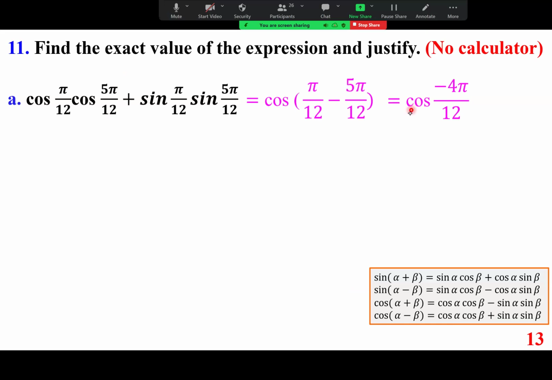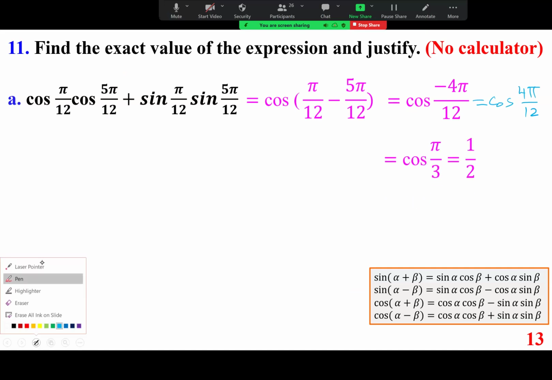Now, cosine is an even function, so it's the same as that. The fact that cosine is an even function means the negative or positive makes no difference. And 4 pi over 12 is pi over 3, and cosine of that is 1/2.